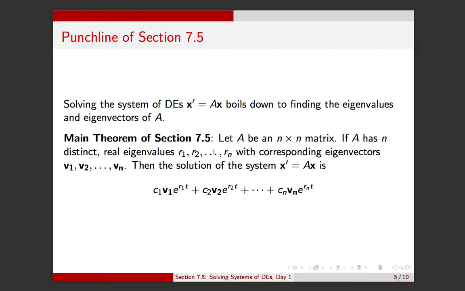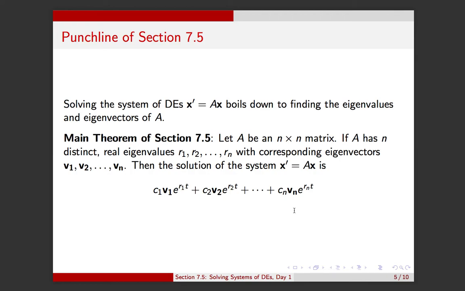If A has n eigenvalues that are all real and all distinct, with these corresponding eigenvectors, the solution to the system looks like this: constant 1, and here's my first eigenvector, e to its eigenvalue, t; constant 2, second eigenvector, e to the second eigenvalue, t, and so on.